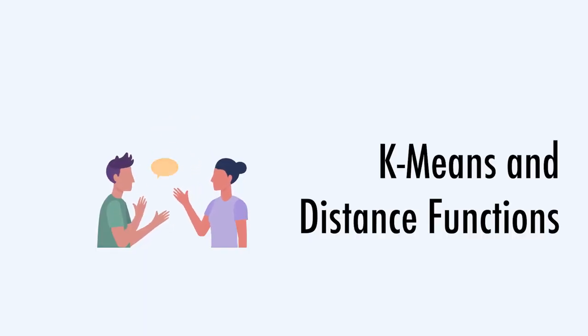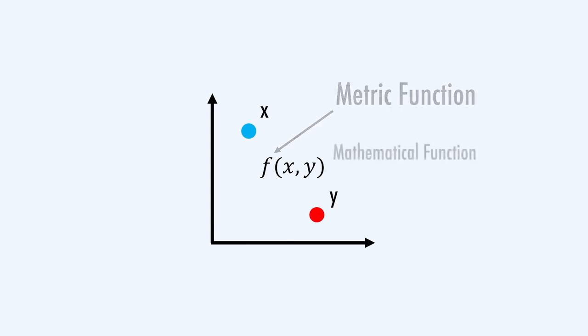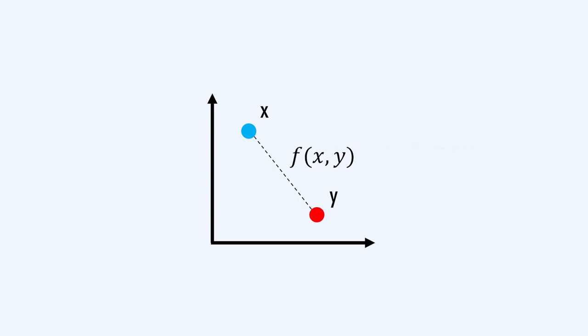This is an ongoing discussion on the topic of the appropriate distance function to use when working with K-means. Remember that a distance function or a metric function in clustering is a mathematical function that defines the distance between two observations of the dataset.